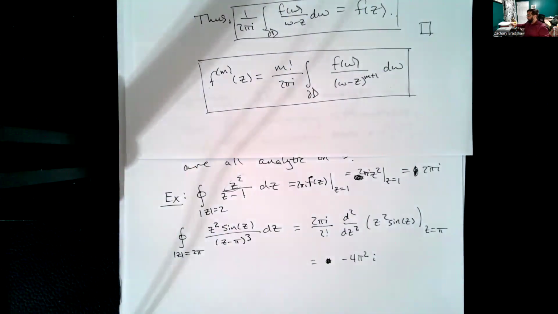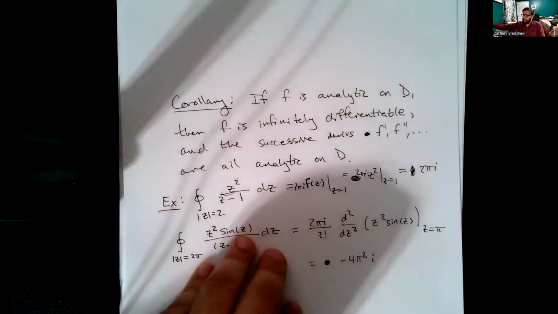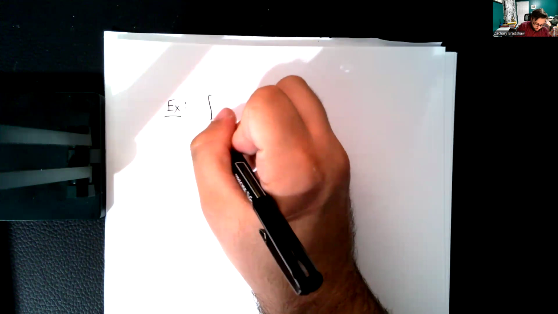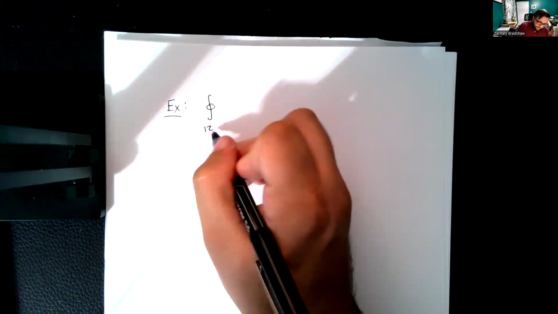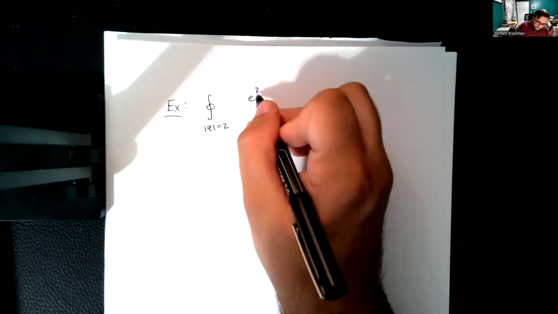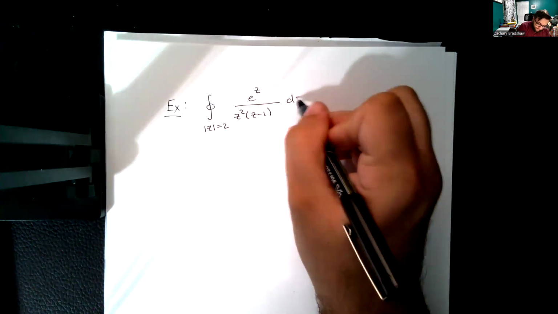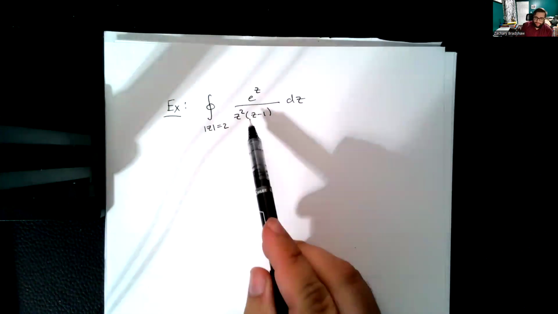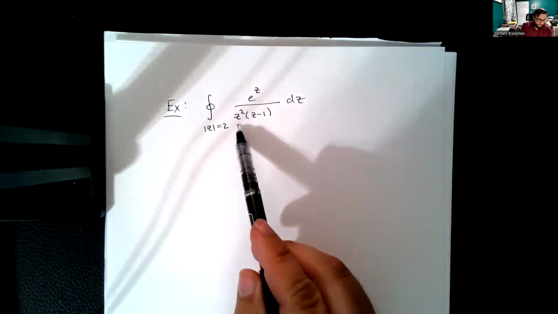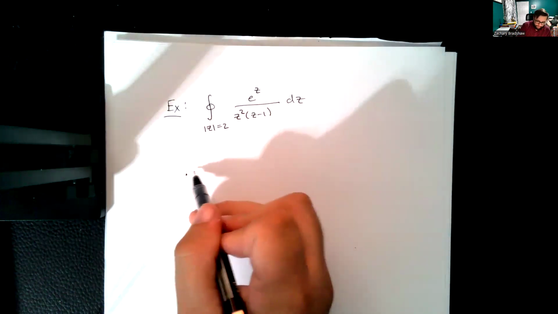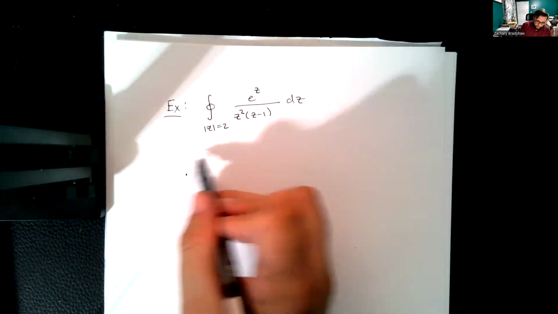And finally, what do you do when you have a denominator which is of a mixed form? Suppose you have the integral over the circle of radius 2 of e to the z over z squared times z minus 1. Okay, now we have singularities at 2 points, one at z equals 1, one at z equals 0. So what we can do is, well, here is the circle of radius 2.